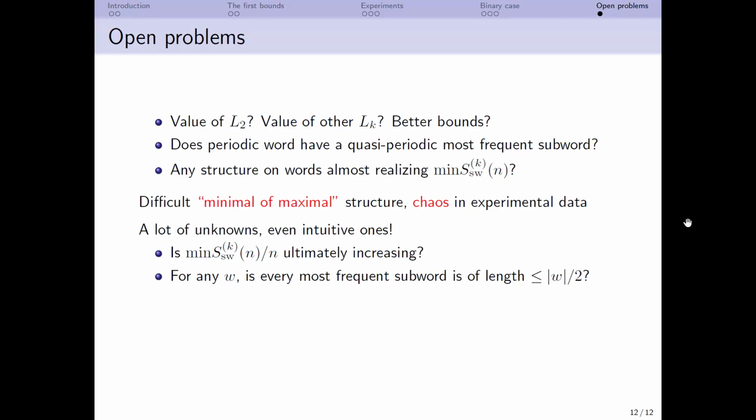And the second is that for any word, all of its most frequent subwords have length less than 1/2. It should be, because there's no use in having a subword of length more than 1/2; we don't have as much possibility for the positions. It's much harder to be a subword with more letters. However, we cannot really prove it, even for this very simple case.